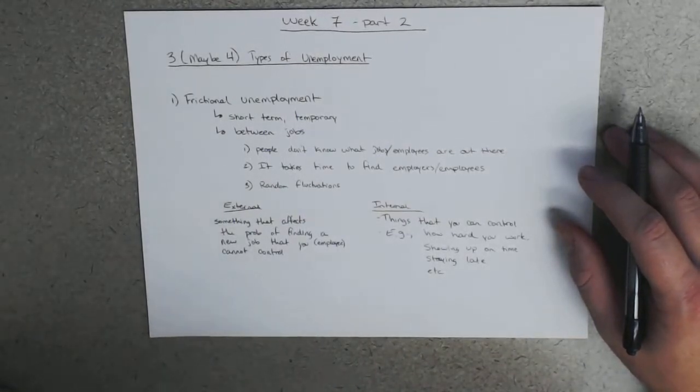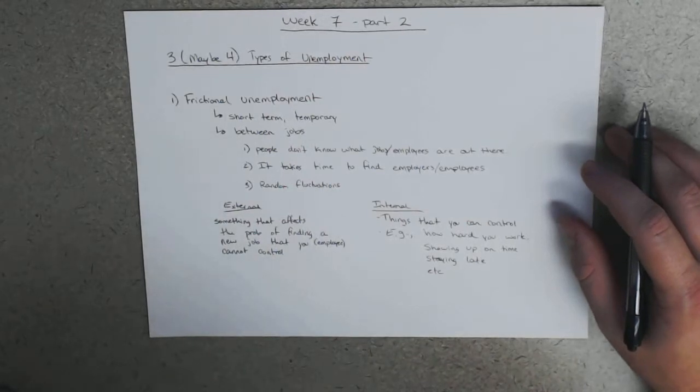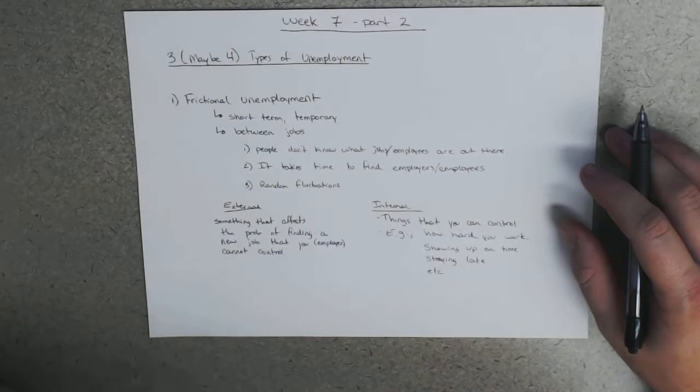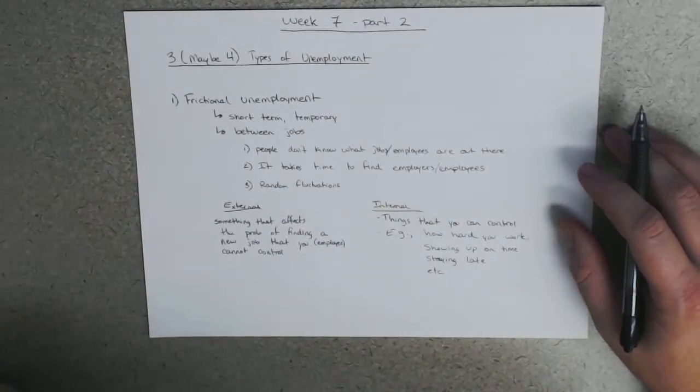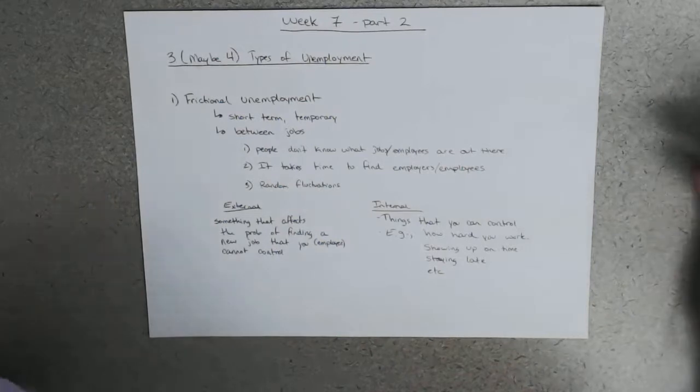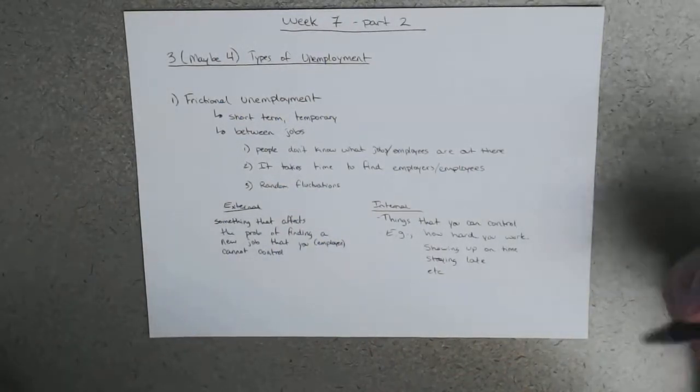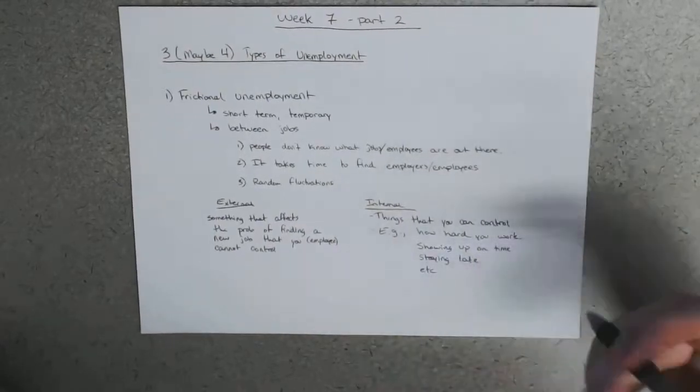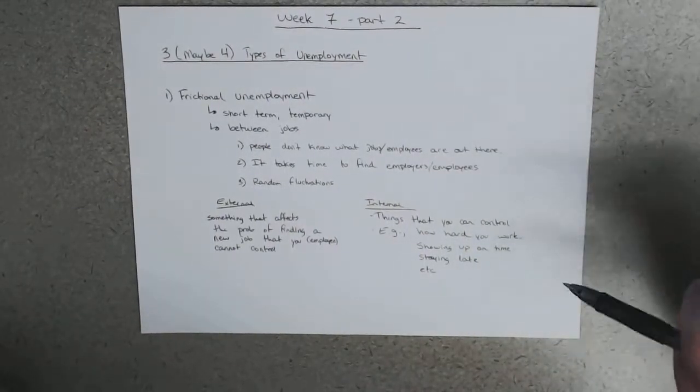So if you have an income tax on part-time workers, what that does is it makes it more expensive to employ part-time workers, and as a result, the unemployment rate among part-time workers will increase, just because it's more expensive to hire them now. And so if we wanted to reduce the unemployment rate caused by this, we might suggest lowering the taxes.